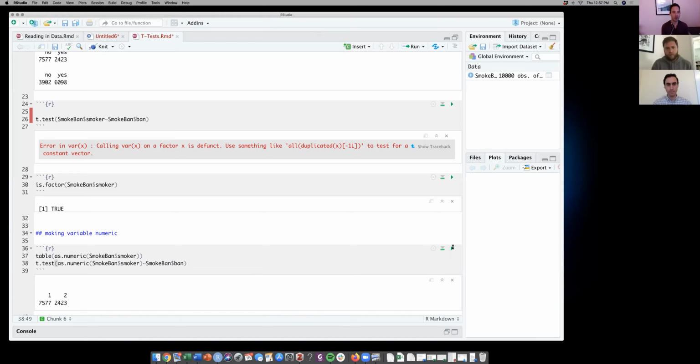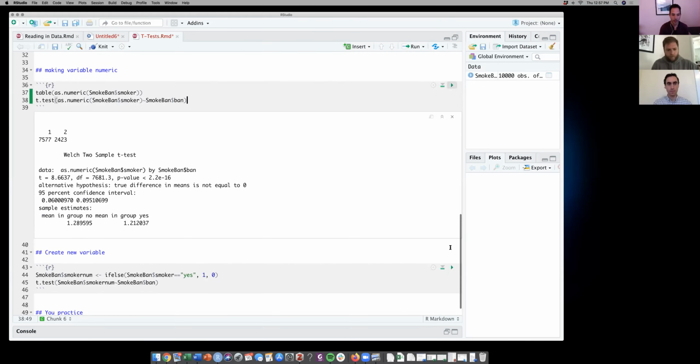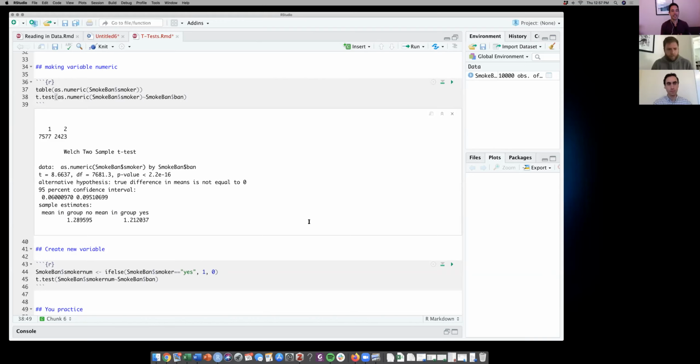Okay, so now that we have it in this form, we can run the t-test. And a t-test gives us a lot of output, a lot of different things, all of which is telling us something important and interesting, but we can work from the most important parts and work through everything else as we go.